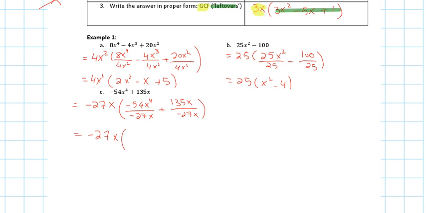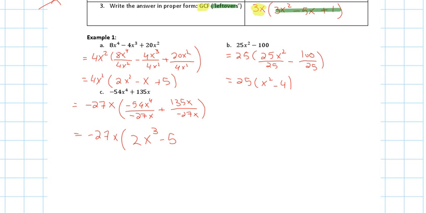Divide negative 54 by negative 27, that gives me positive 2x cubed. And then what do I get here? Positive 5? Because positive over negative is going to give me a negative.